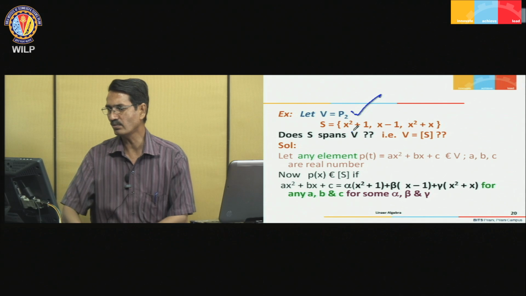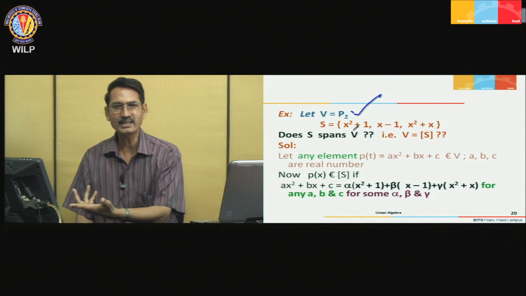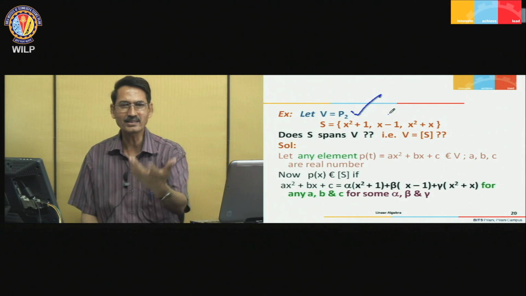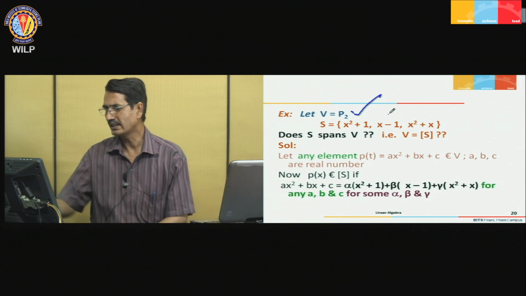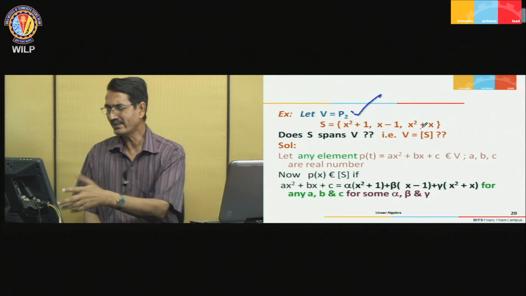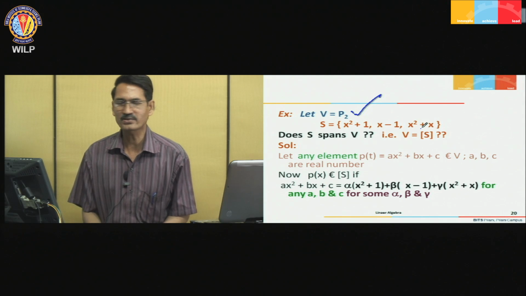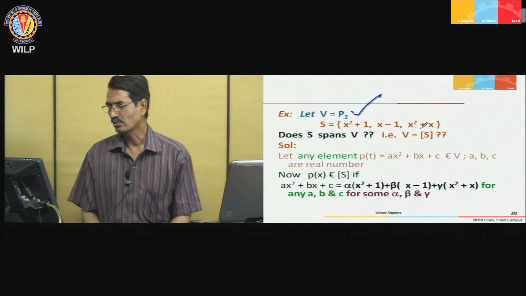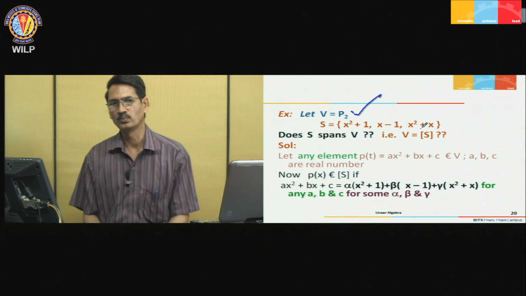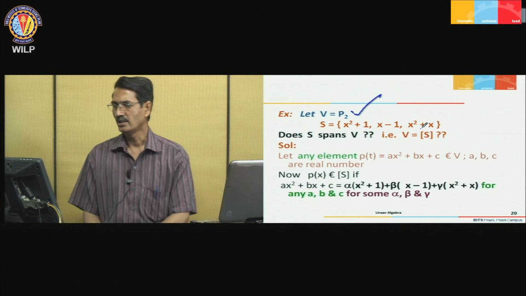The first polynomial is x square plus 1, a polynomial of degree 2. Second is x minus 1, a polynomial of degree 1, therefore less than or equal to 2. Third is x square plus x, a polynomial of degree 2. So S is a subset of P2. The question arises whether S spans V or not.